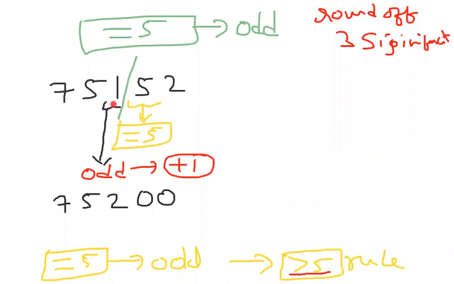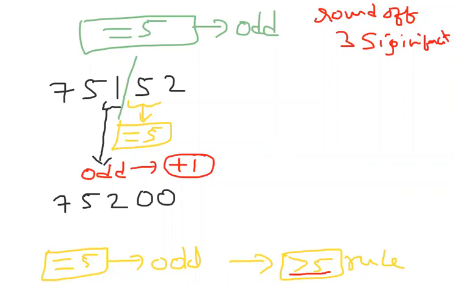And the before number is 1, which is odd, so 1 has to be added, that is plus 1. So the answer is 75200. This is how we write it for the odd case.